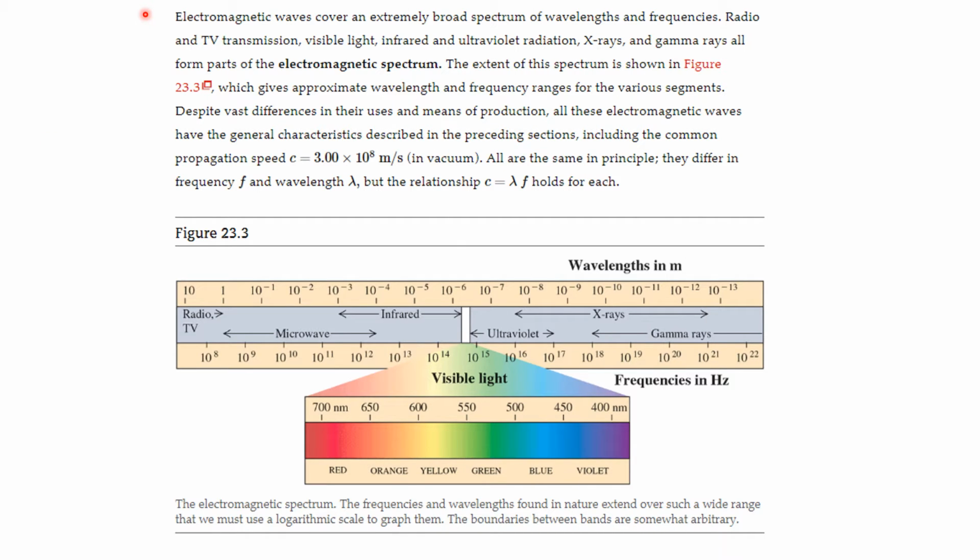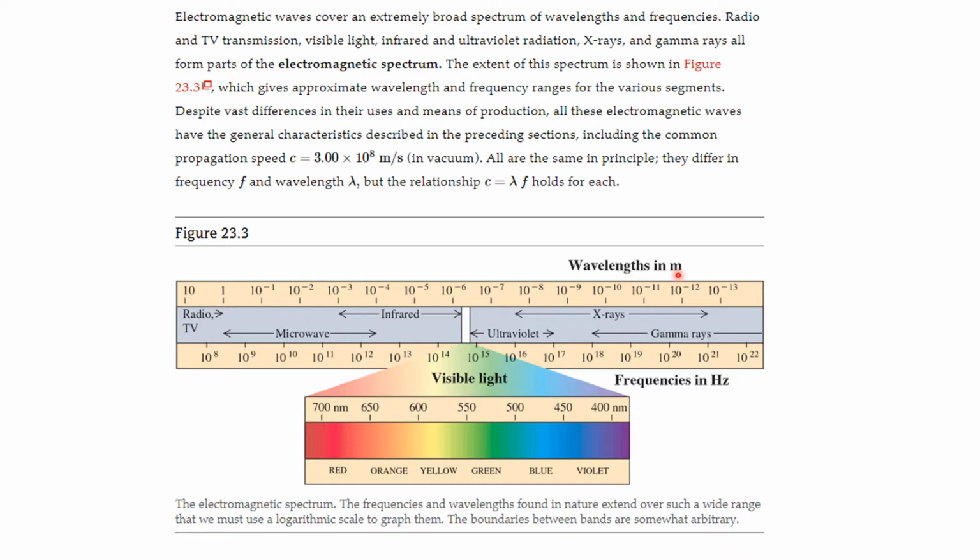Electromagnetic waves cover an extremely broad spectrum of wavelengths and frequencies, and you can see this in this table. Together these are called the electromagnetic spectrum. The wavelength in meters goes from 10 meters for radio and TV waves down to 10 to the minus 13, and actually further than that.